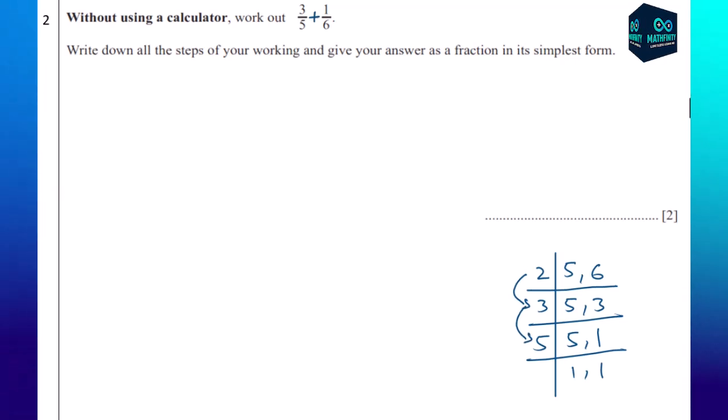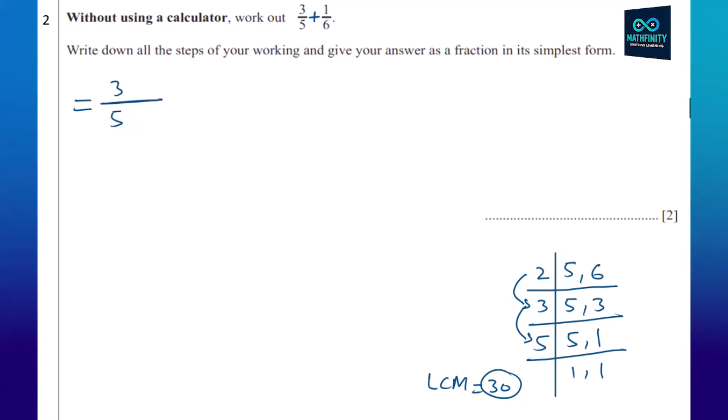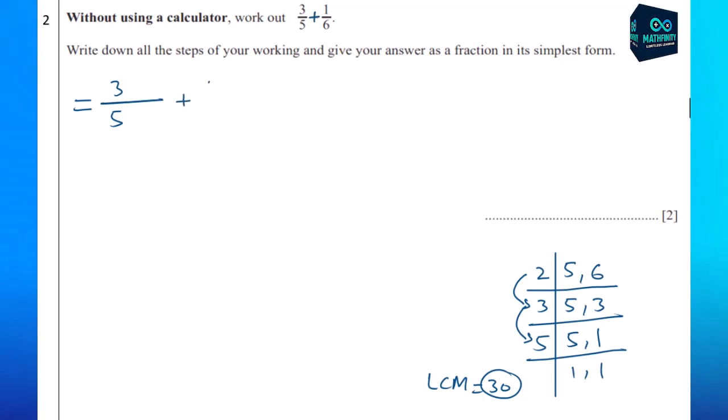So what is the LCM we found? 30. LCM we found 30. After finding the LCM, you will write the question as it is, but this fraction is a little bit long because we have to multiply 1 over 6.